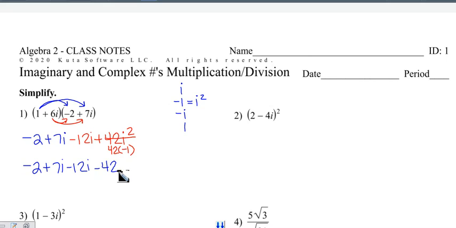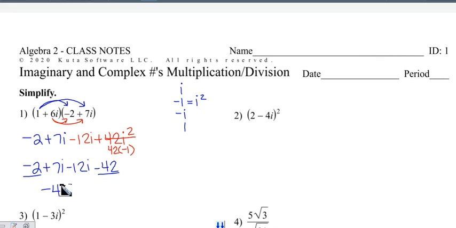Yesterday, I also told you that complex numbers are written with the real number first and the imaginary number second. So when we do our combination, let's look for the real numbers first. Negative 2 and negative 42 are real numbers. When I combine them, since they have the same sign, I'm going to add them and keep their sign.